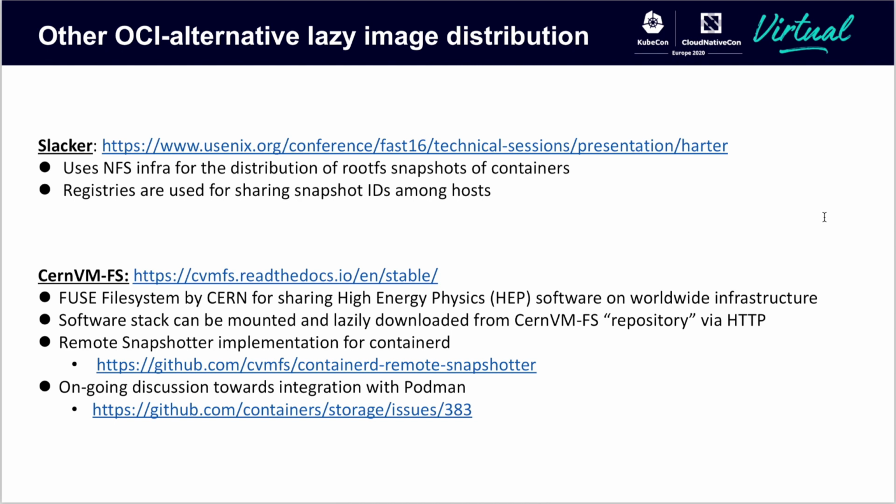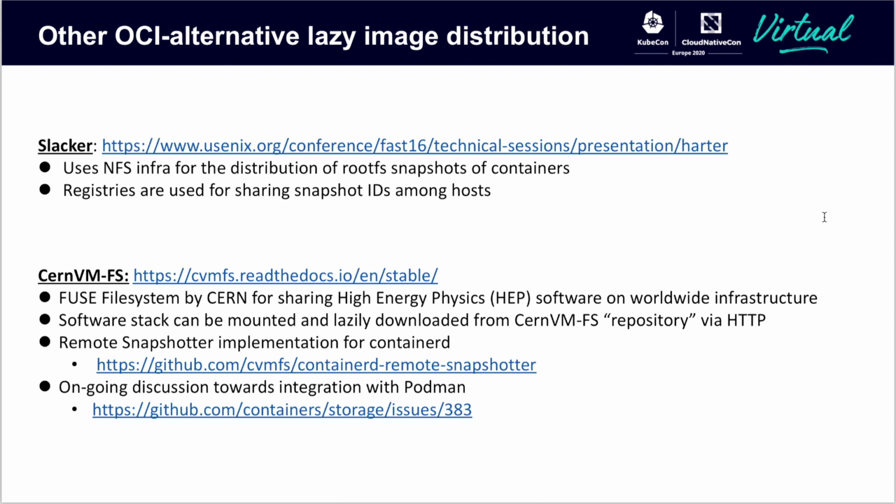And CernVM-FS is a FUSE file system by CERN for sharing high-energy physics software on worldwide infrastructure. A software stack can be mounted and lazily downloaded from a CernVM-FS repository via HTTP. There is an implementation of containerd's remote snapshotter based on CernVM-FS.